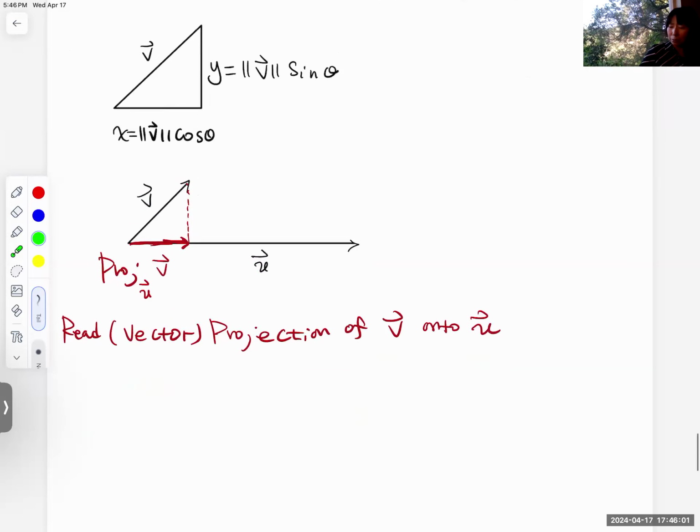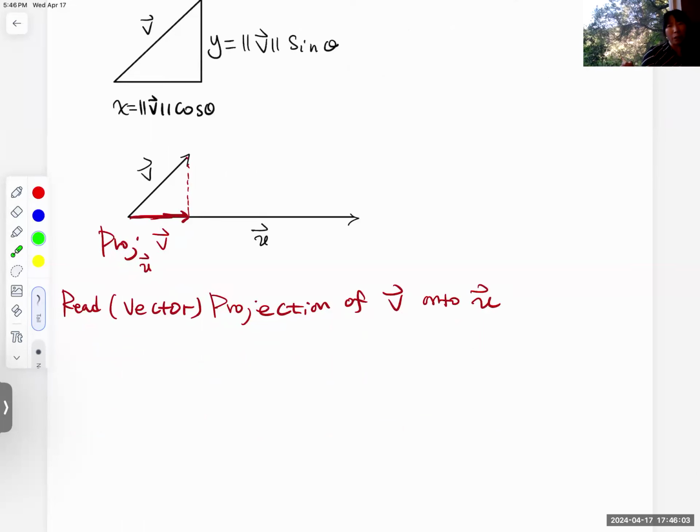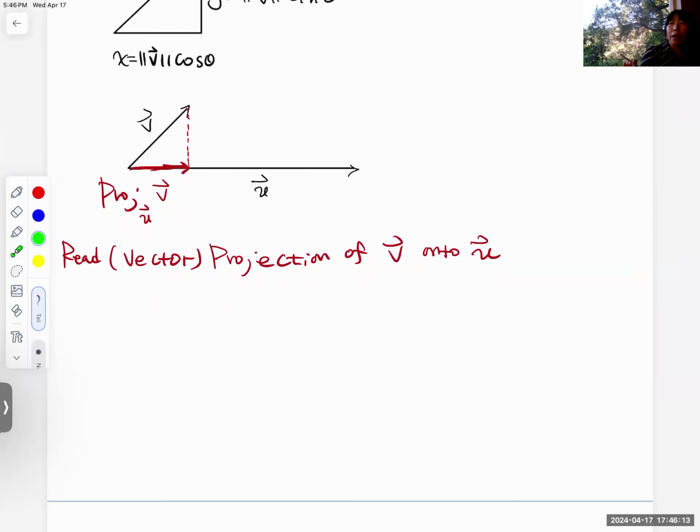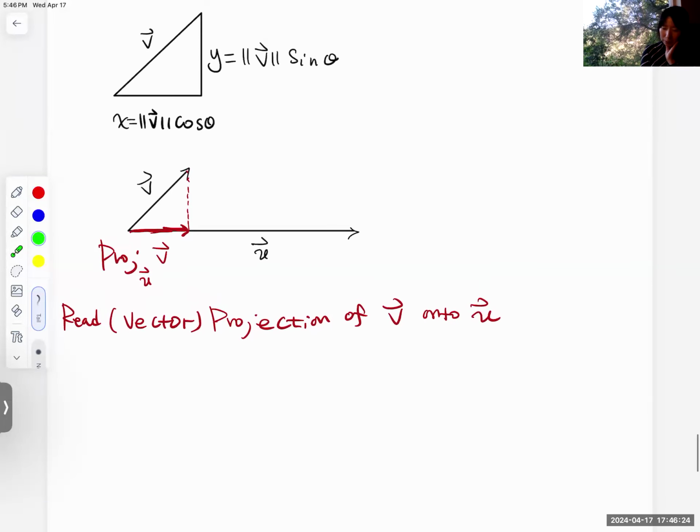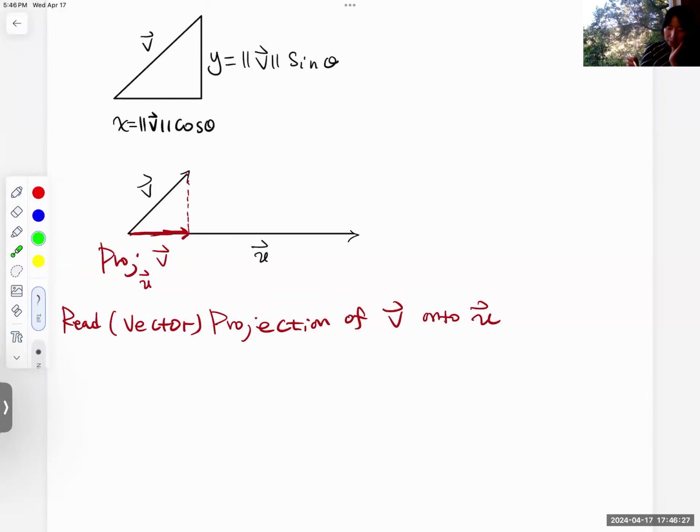Okay. Now, what are we doing? We start with the projection, the magnitude of the projection. So let's start this way.